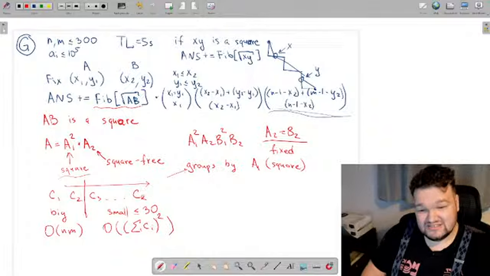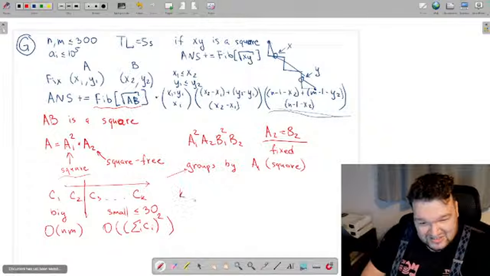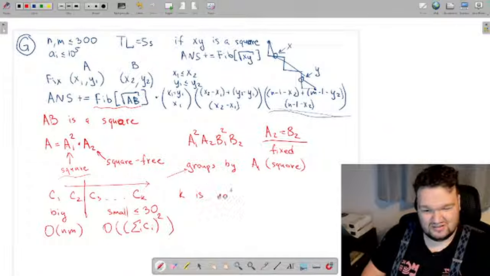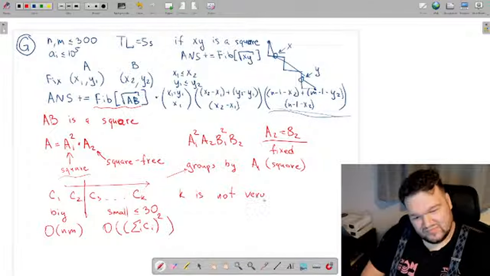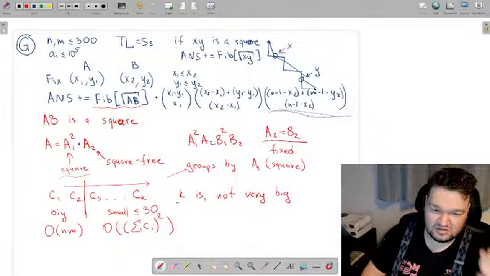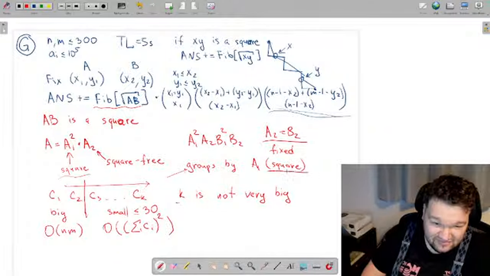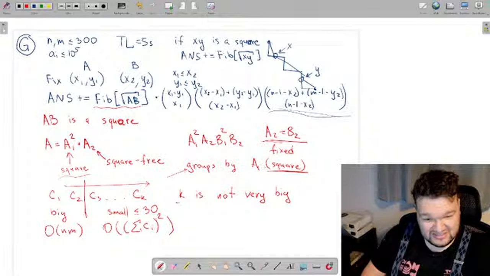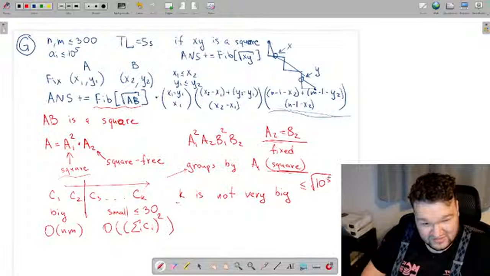But the thing is that this K is not very big. What is K? K is the number of different groups for a fixed square-free part. But that means that the number of groups is bounded by the square root of 10 to the fifth.